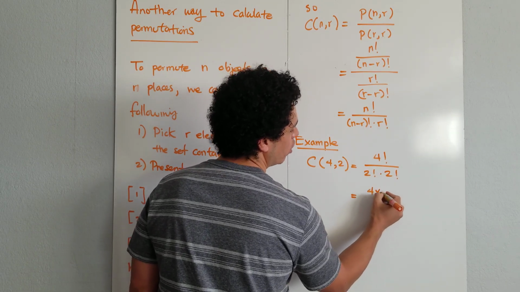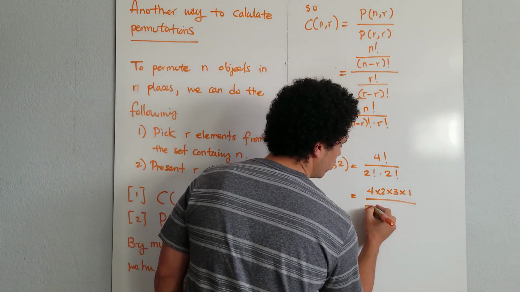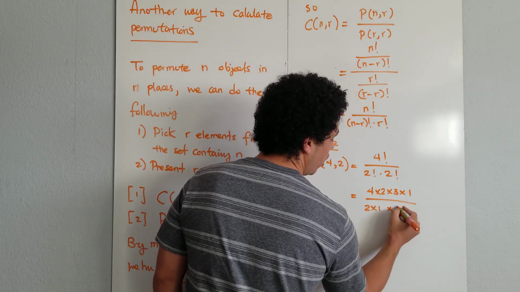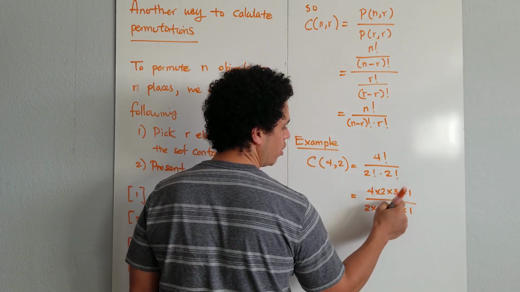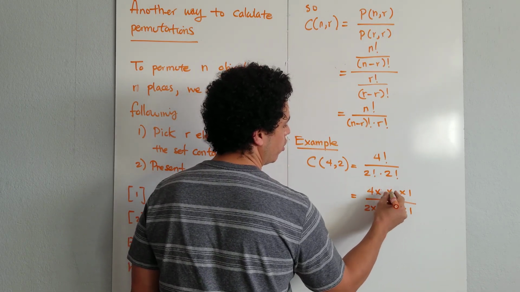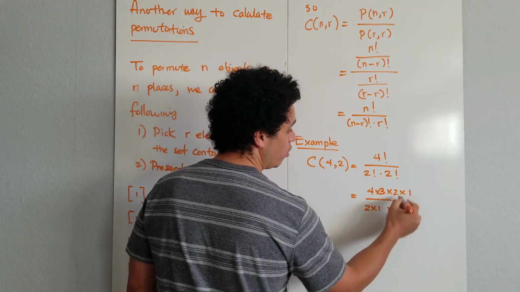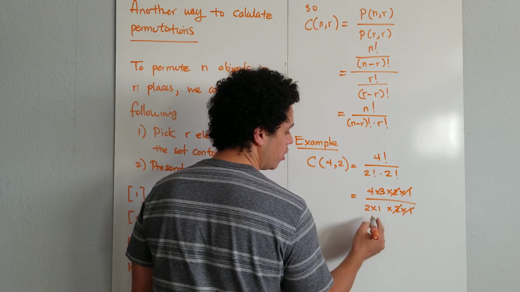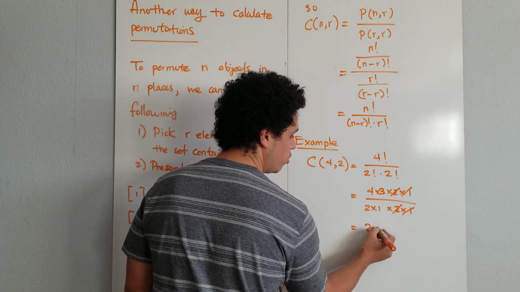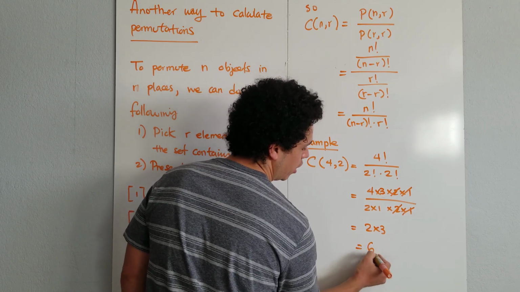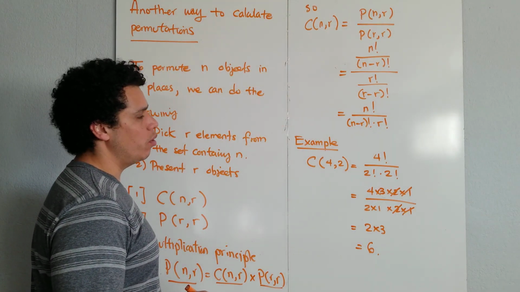This is 4 times 3 times 2 times 1 over 2 times 1 times 2 times 1. Well, let me reduce. I know this is true, but let me just modify it this way. So I cancel this against that, and this results in 2 times 3, which is 6. So now just verifying with the pizza problem.